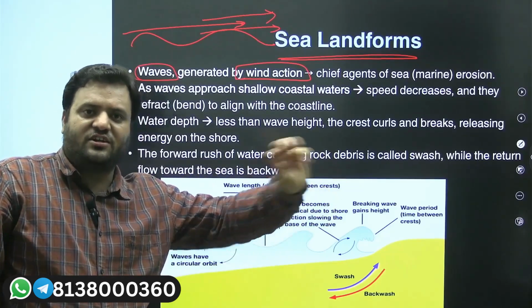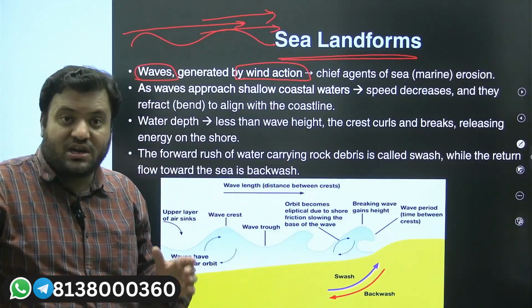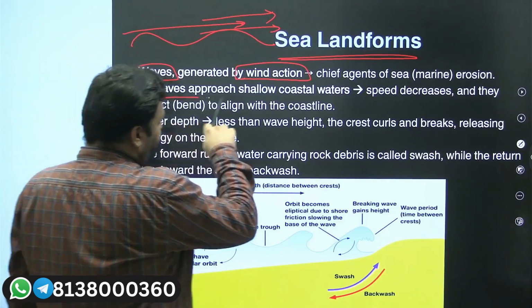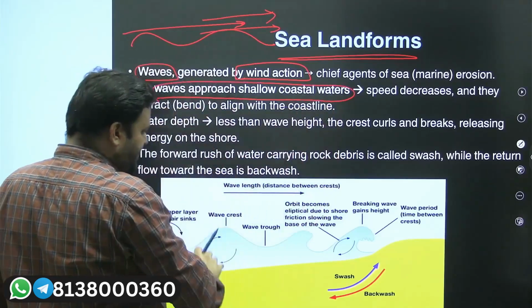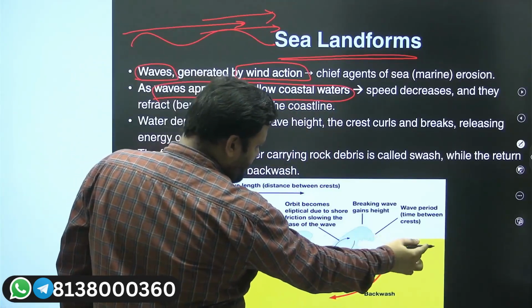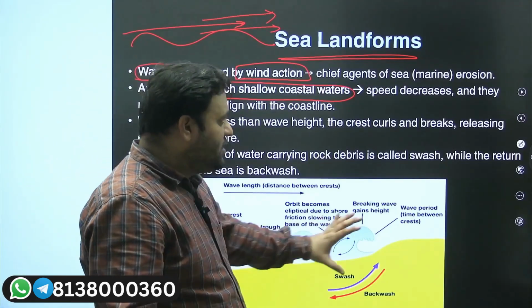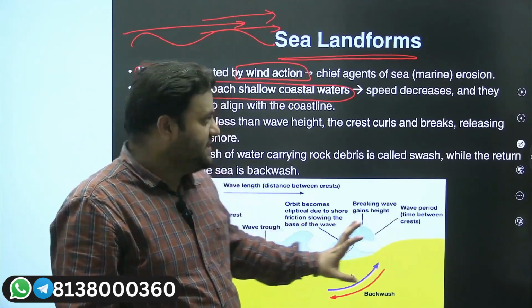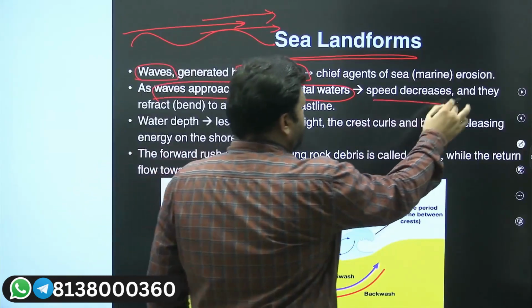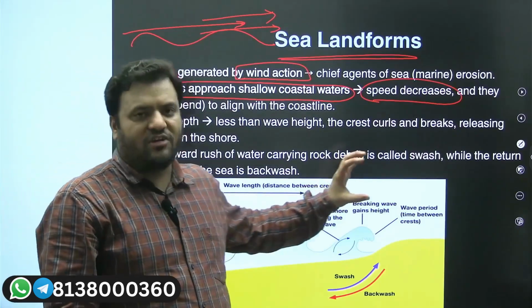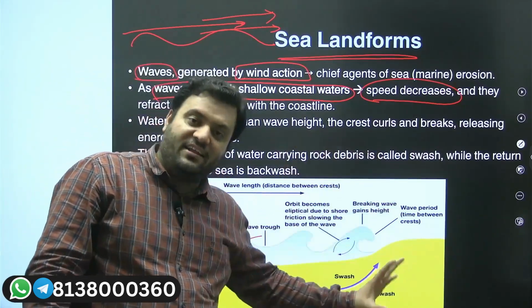Sea waves are the dominant factor with respect to the erosional and depositional aspects of the sea. As a wave approaches near to the coast, here you can see this is the coast area, when the wave approaches near to the coastal areas, its speed is going to decrease. And it will try to align with the coastline itself.